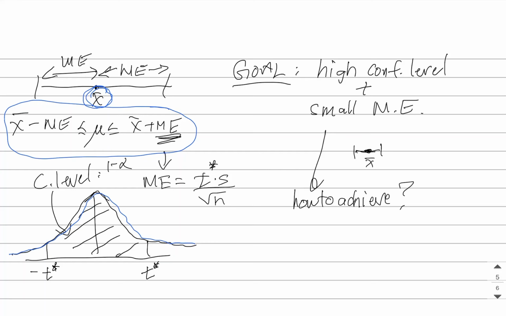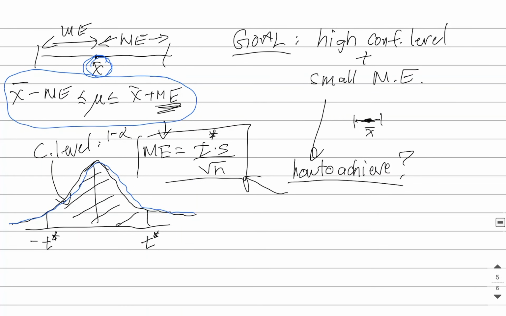This comes about by looking at the formula for the margin of error. The formula for the margin of error has three components: sample standard deviation, critical values, and sample size. Now, of these, you can't really control the sample standard deviation very well at all.